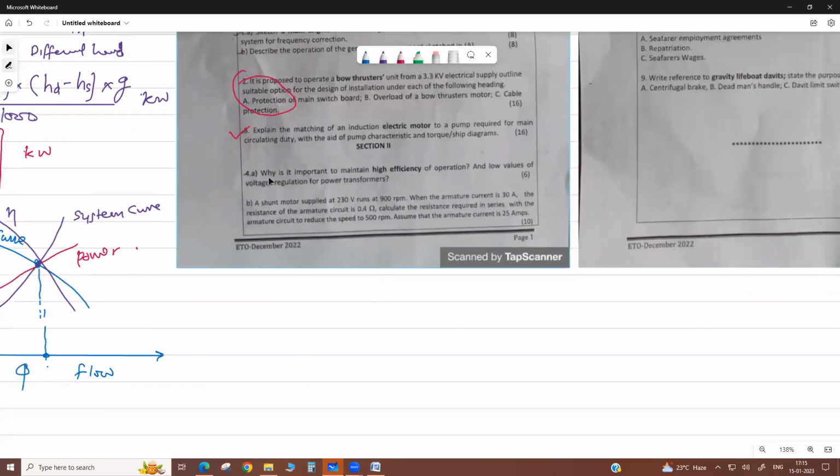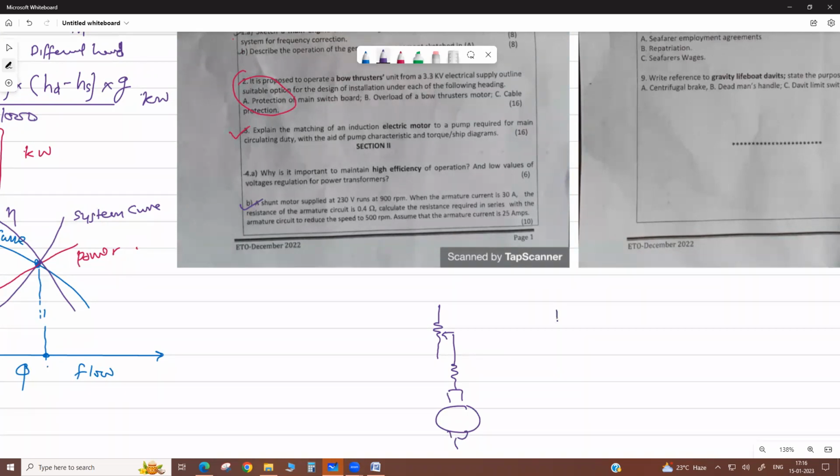Now here, why is it important to maintain a high efficiency, values of voltage regulation. Now this is speed control of a DC motor. This question is here. In the armature, you put an external resistance in the armature circuit. Okay, and you calculate the EMF.